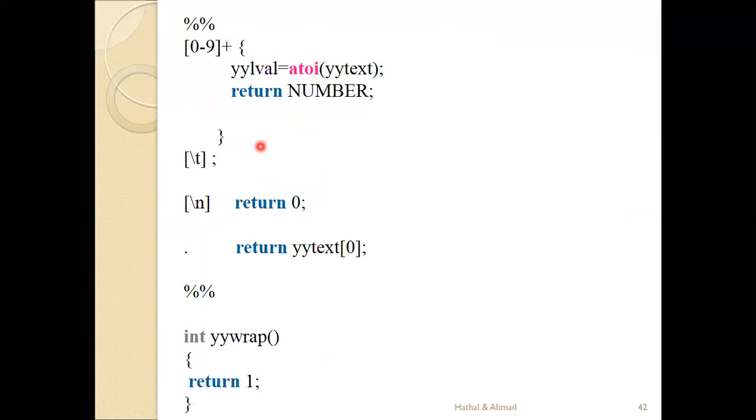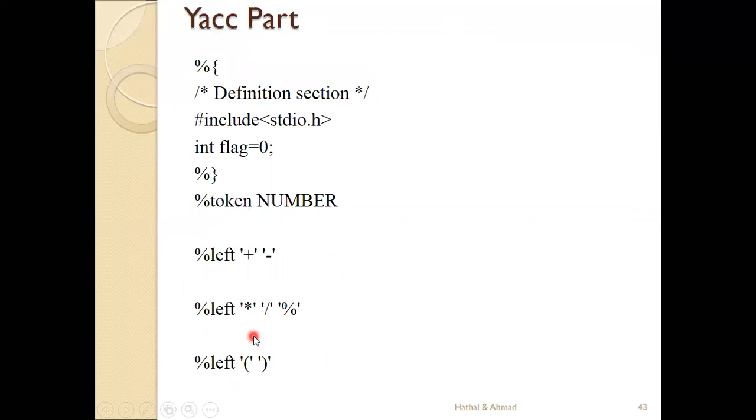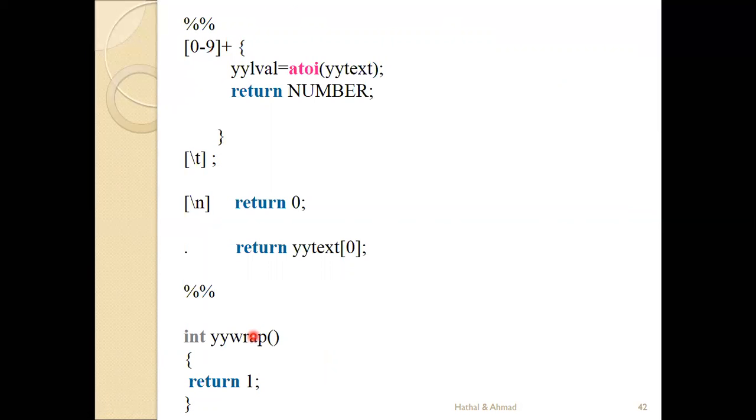Then here are the regular expressions: a regular expression for defining a number, one to ignore the space, and one for ignoring the newline character. This is followed by the yywrap function.